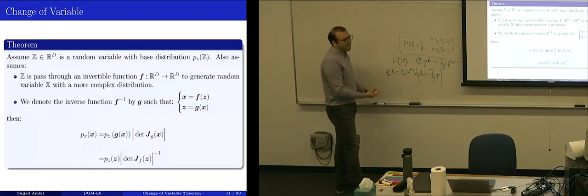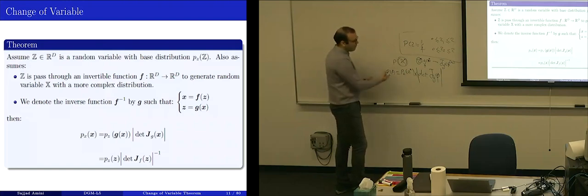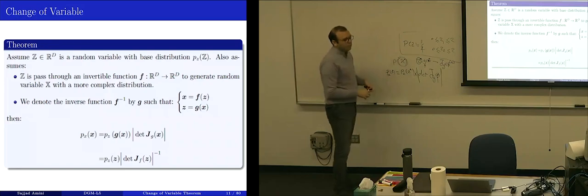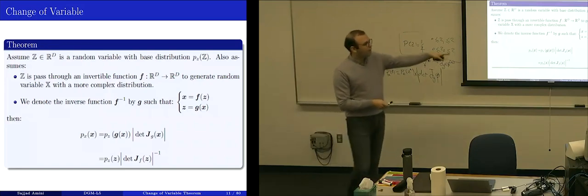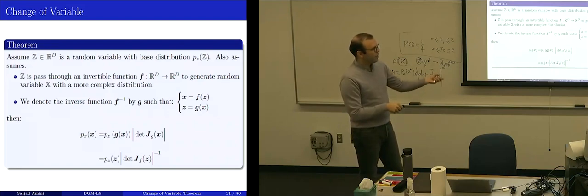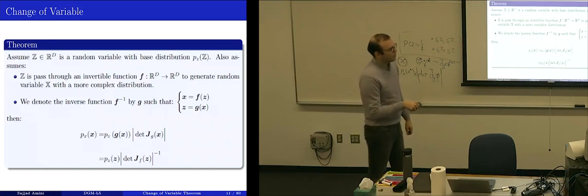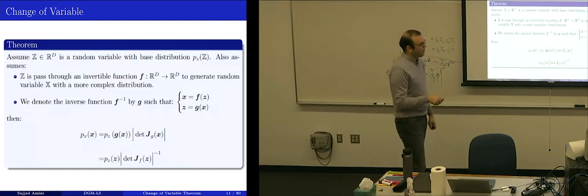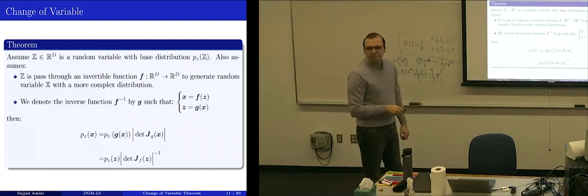This is the valid PDF at point x star. Or equivalently, you can use the Jacobian of f. Because g is the inverse of f, this determinant is the inverse of that determinant, so you can use them interchangeably.